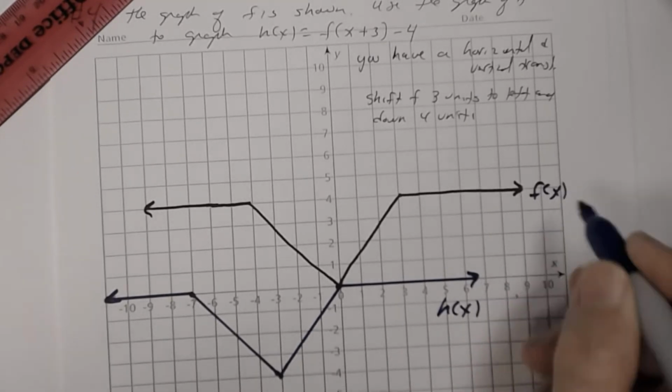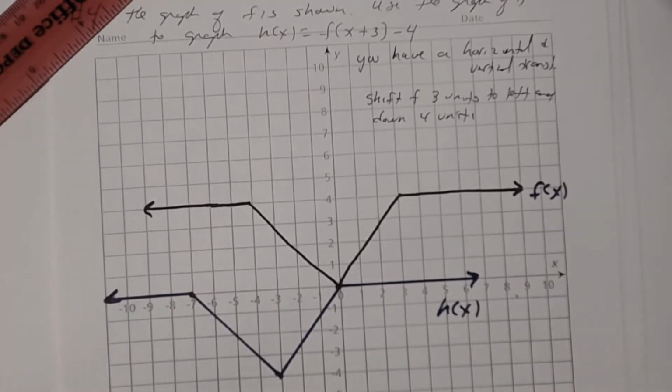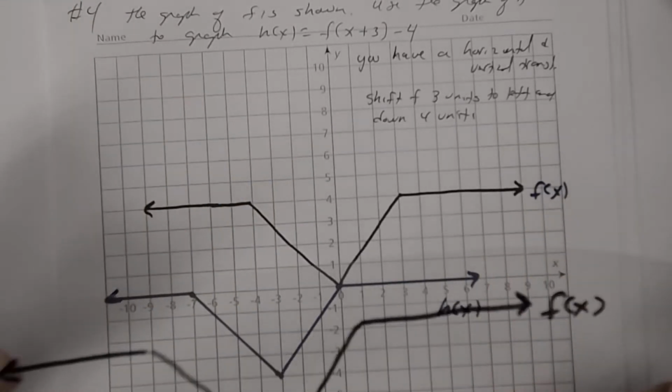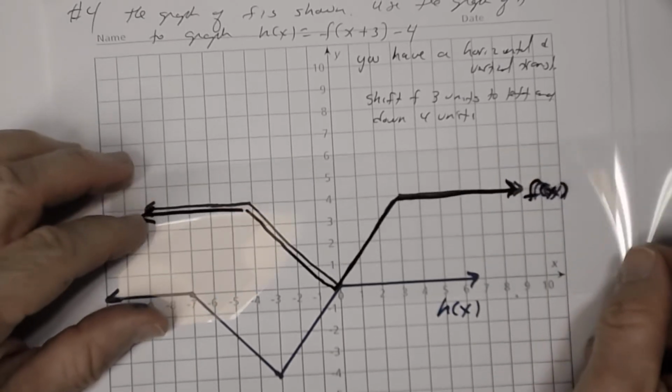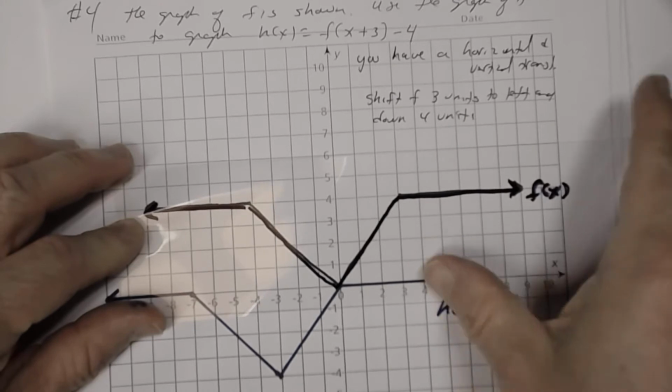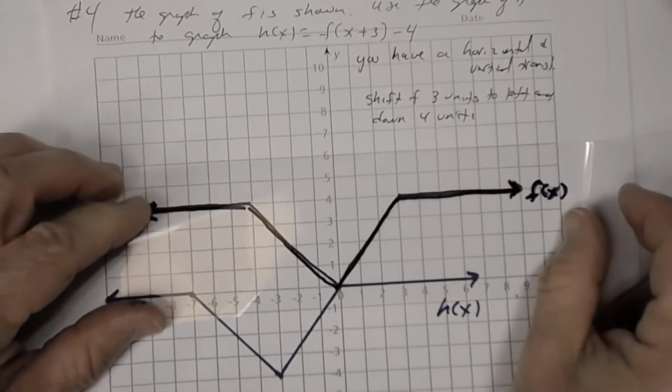Okay, all right, now let me show you with regards to a transparency what really happened. So I have this transparency right here that's the same shape as this one. See, it overlaps. Basically what I was supposed to do is shift this graph right here 3 units to the left. So watch what happens.